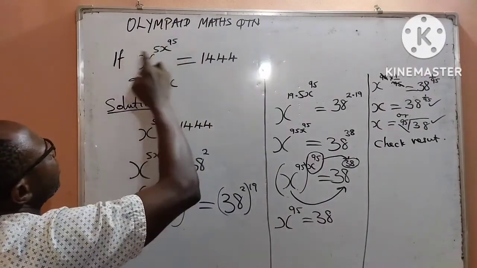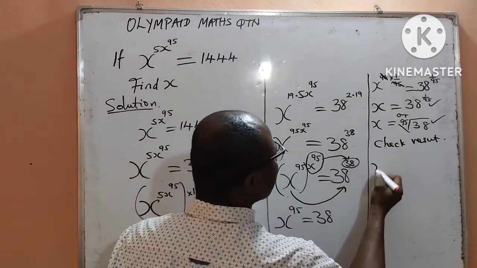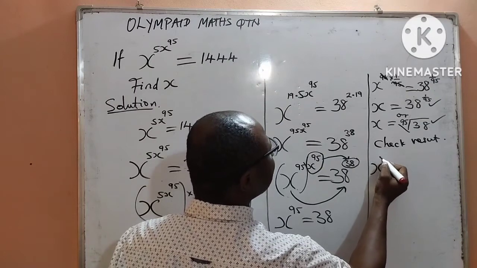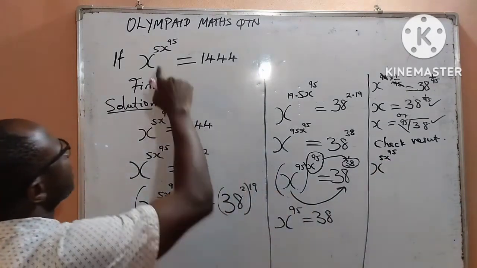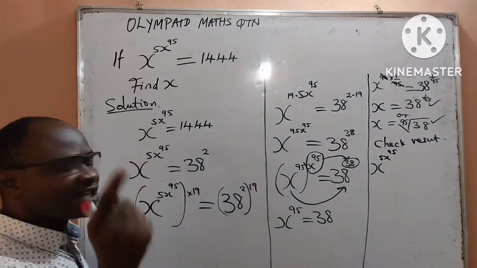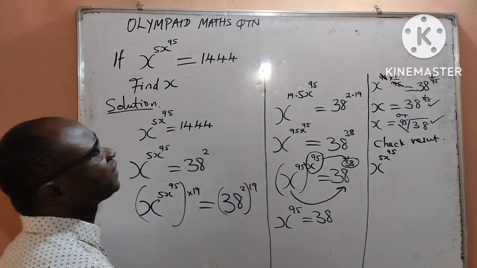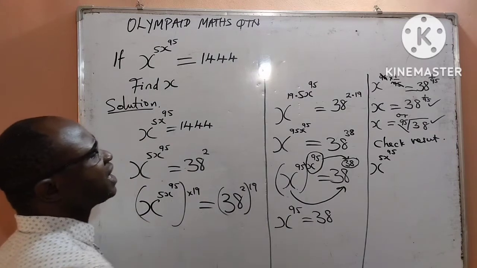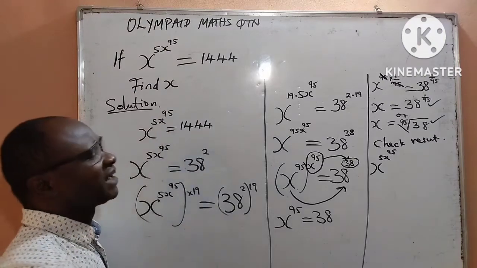So I want to evaluate the left hand side, which is x to the power of 5 times x to the power of 95. My target is to see if I replace the value of x, the 95th root of 38, anywhere we see x, whether it will give us exactly what we have by the right hand side.